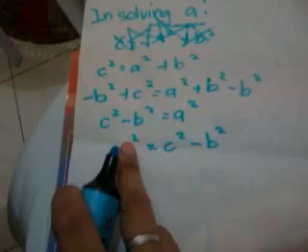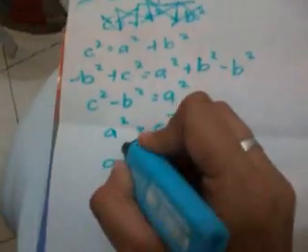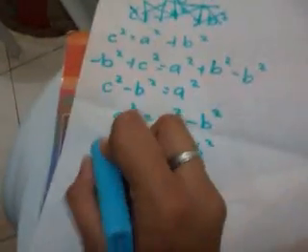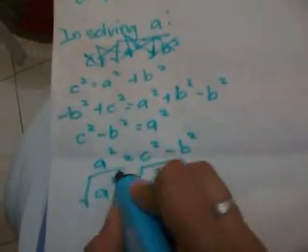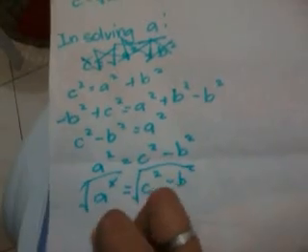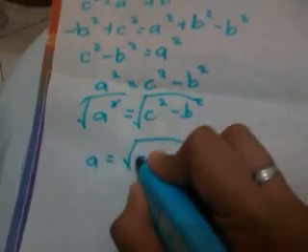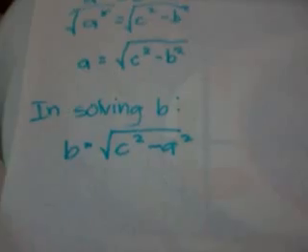In order to eliminate the square here, we must get the square root of C squared minus B squared. So A is equal to the square root of C squared minus B squared.